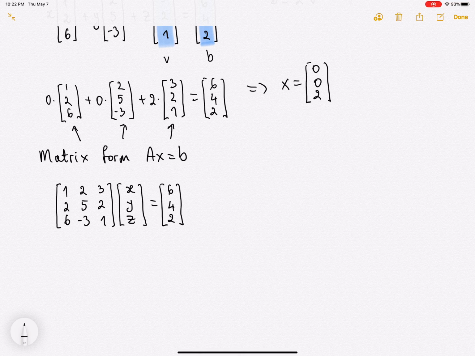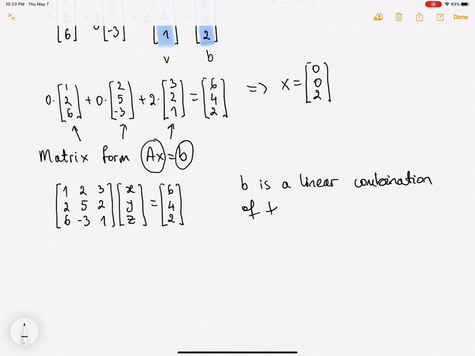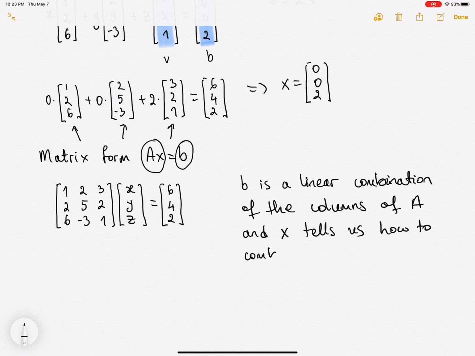What is important for us is to see the product A times x, or rather the vector b, as a linear combination of the columns of A. This will be key for us. b is a linear combination of the columns of A, and the vector x, once we find it, tells us how to combine the columns of A to get b.